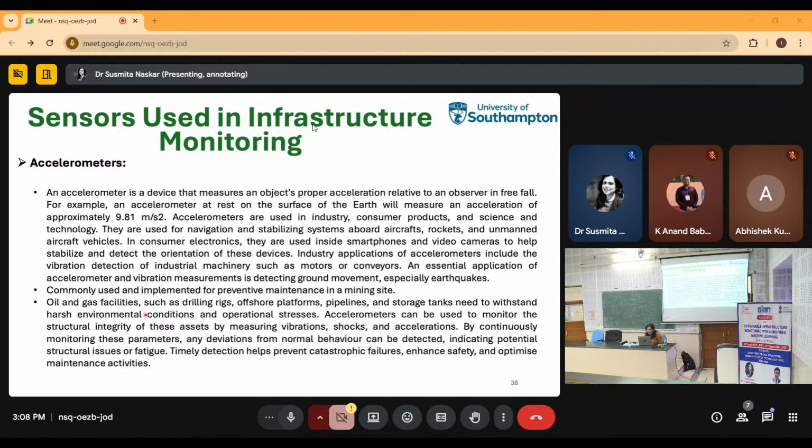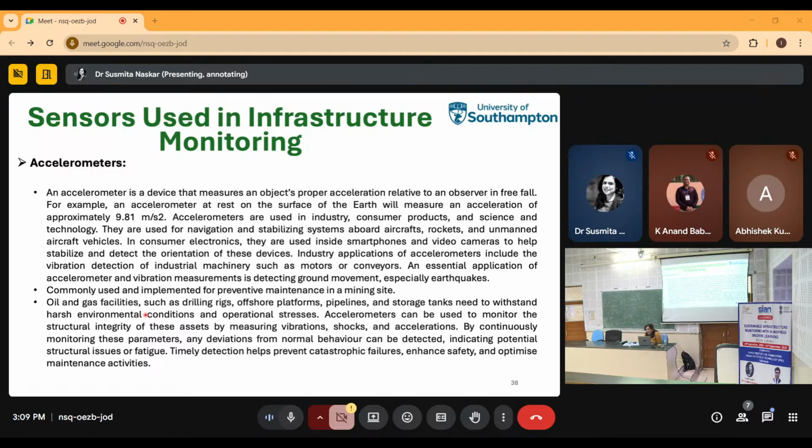And if you look into the emphasized use of accelerometers in infrastructure monitoring, you can see that accelerometers are commonly implemented for preventive maintenance in mining, oil and gas facilities, pipelines, offshore platforms and storage tanks. They continuously measure vibration and acceleration to identify deviations from normal behavior, which possibly signal fatigue, cracks or any other kind of structural issues.